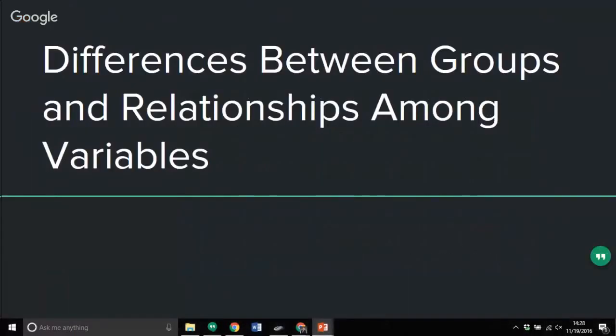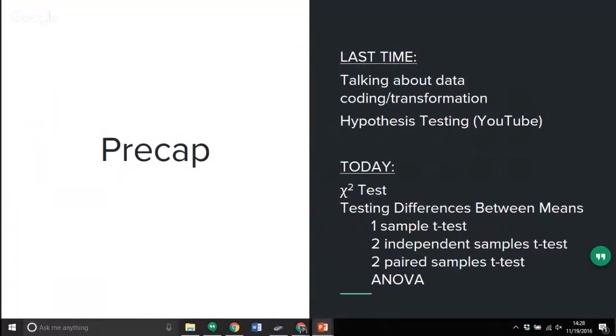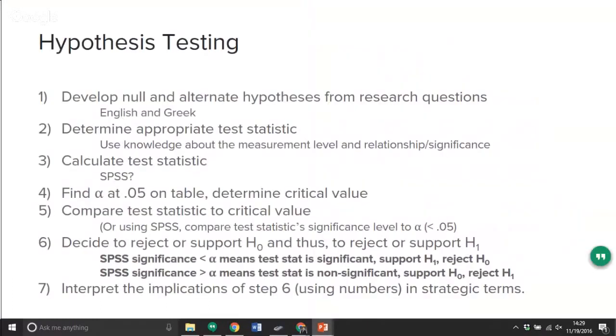So let's start off with a little bit about hypothesis testing, because I had mentioned before that we were going to get into the statistics, but we're not going to look at it from a heavy statistics angle so much as we let SPSS calculate the statistics for us.